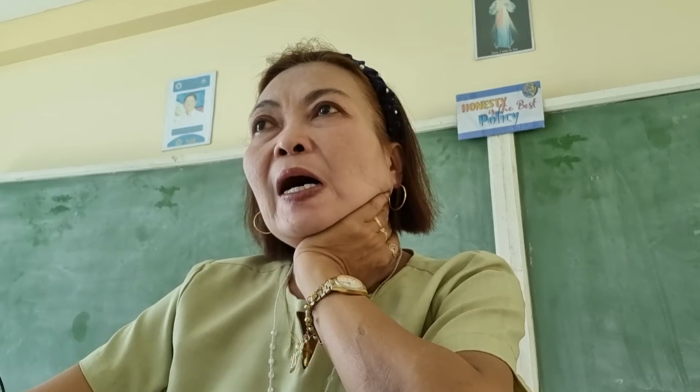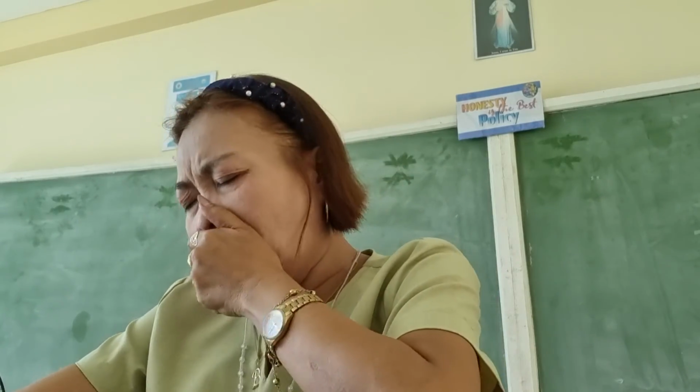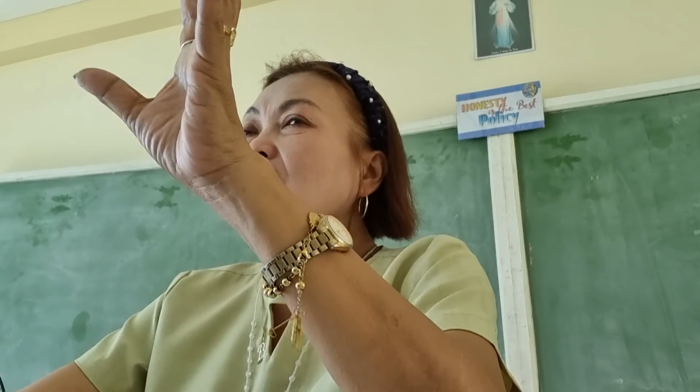In PR2 using the anong tawag natin dito? Using the peer tutorial approach. 'Di ba? So yun class, experimental yun because you are trying to find the effect. No? You are trying to find out the effect. There is the cause and there is the effect.